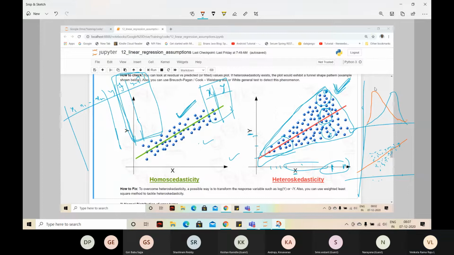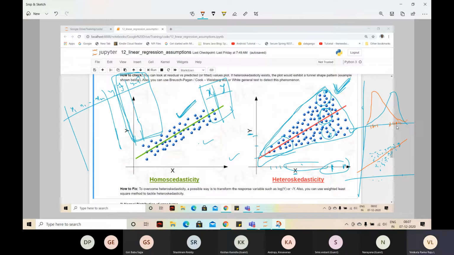Got it? Too many low values or too many high values. Did you get the clarity? Your past statements are also right. When y is right skewed or left skewed, there is a possibility of getting it. It is not guaranteed.